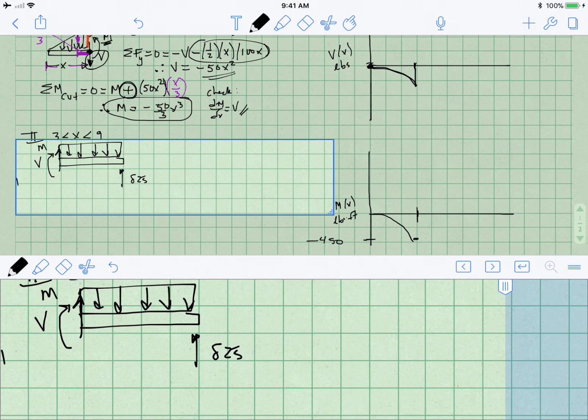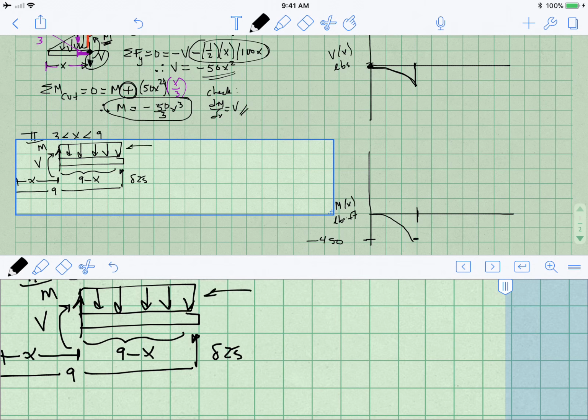And so let's remember that x was defined as coming from the origin. The total distance of the whole beam is 9, and therefore this distance right there is 9 minus x. And so the area of that region will equal just 9 minus x times 300 pounds per foot. All right, so let's just keep that in mind.